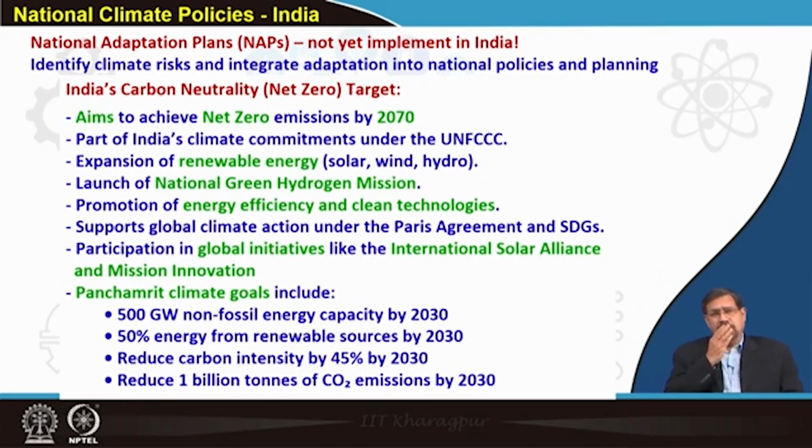We all know that in the Glasgow COP, our PM Mr. Modi attended and committed that India will achieve net zero by 2070. So, this now makes the major policy plan.